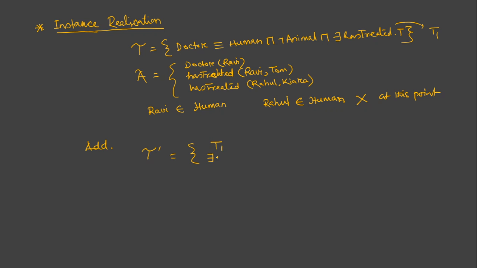Then we assert that if someone has treated at least one, then that thing is a member of human, right? Now if you have added this to the T box, now you can classify Rahul to belong to the human class, right?